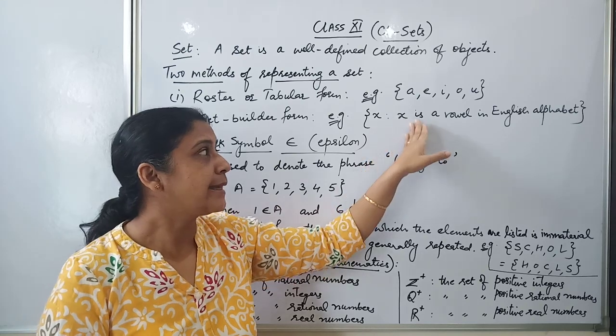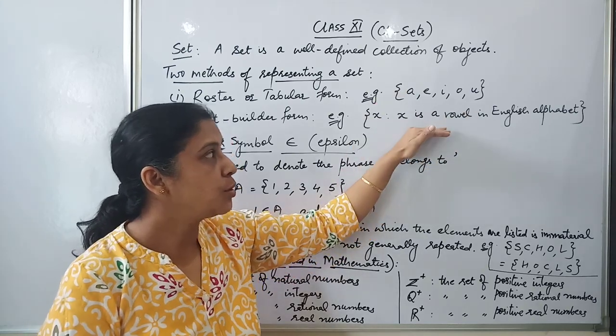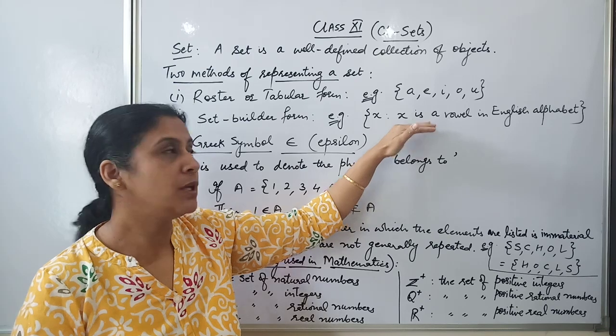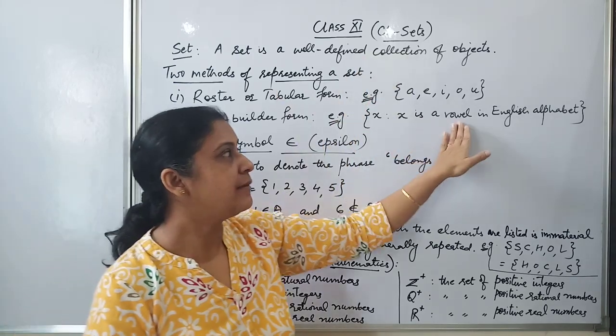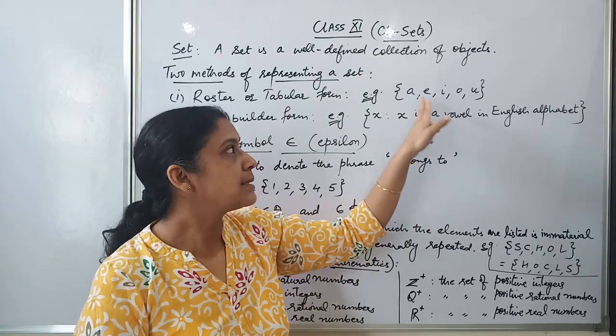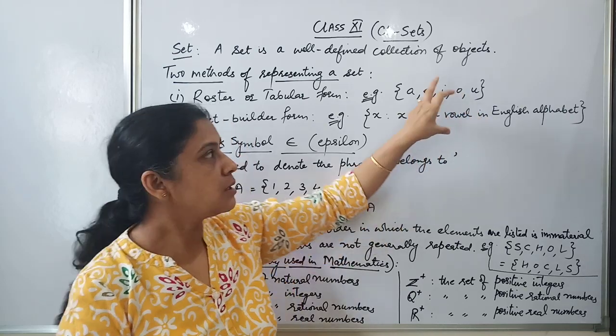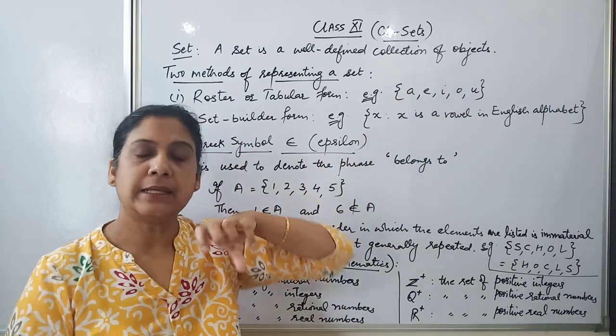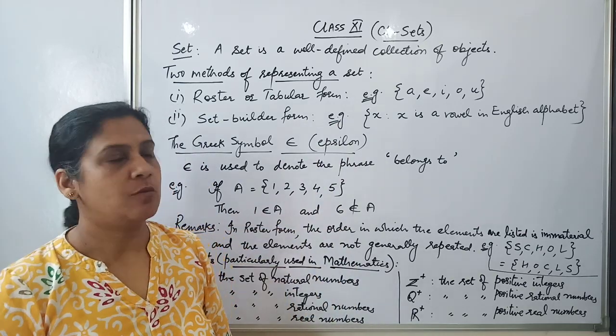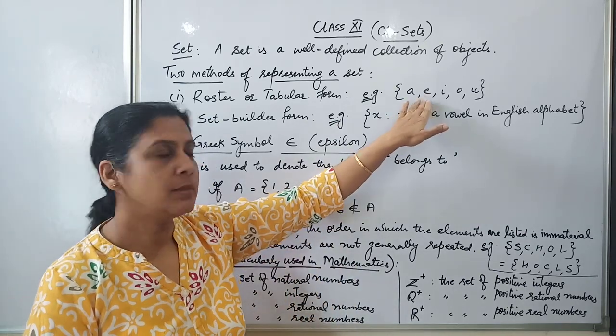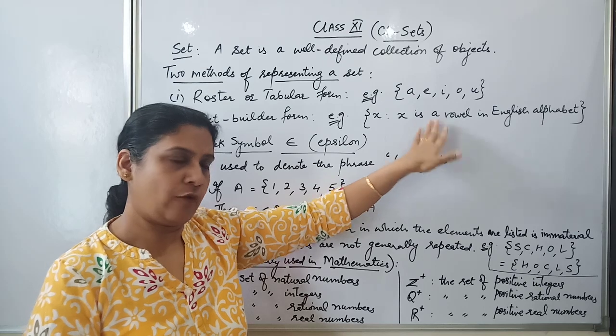So x will be taking different values. If I want to transfer this set builder form into roster form, obviously I will have to choose the vowels. So the set will be A, E, I, O, U. These two sets are the same, representing the same thing but in different forms. The first is in roster form, the second is in set builder form.